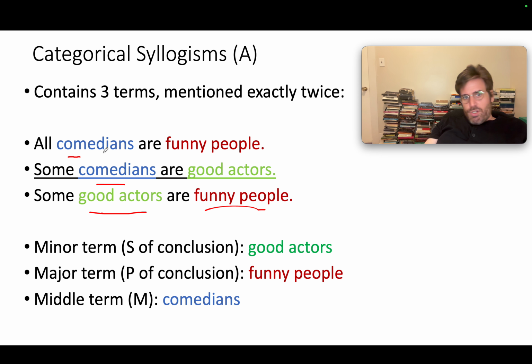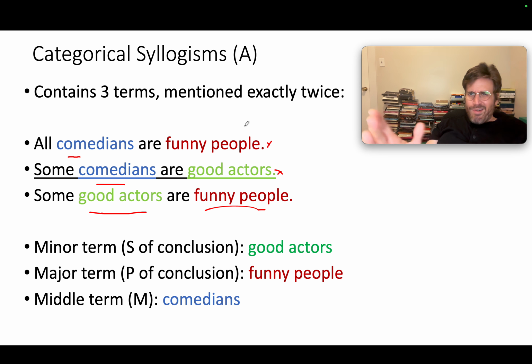Now have a look, just before moving on, at where that minor term appears elsewhere in the syllogism. Looks like it appears as the predicate in the second premise, good actors. And then where does that major term, funny people, the predicate of the conclusion, appear elsewhere? I'm seeing it as the predicate of the first premise.